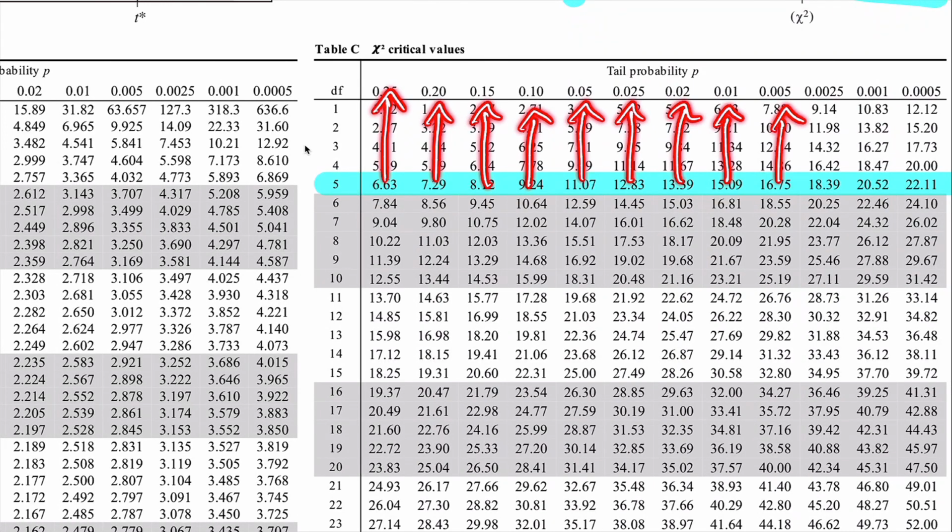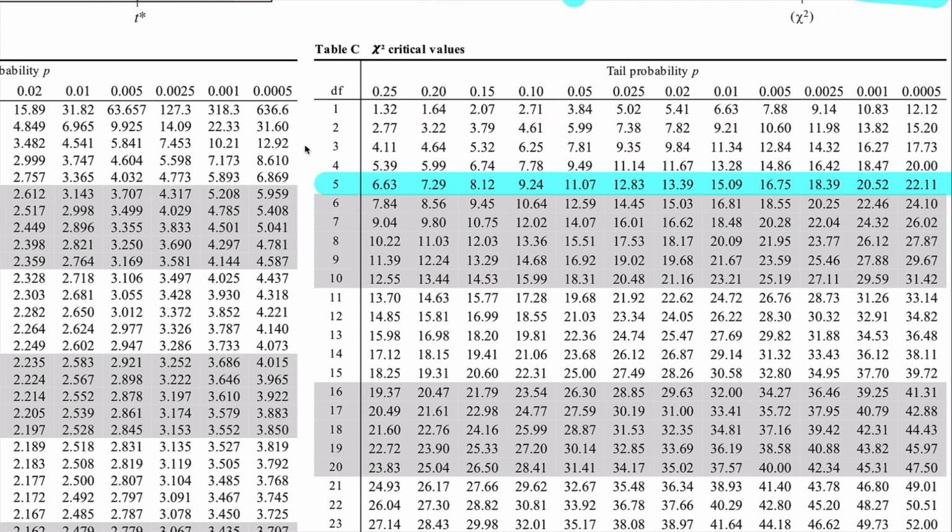Okay. So if I were to have, let's say, my chi-square was exactly 16.75, my p-value would be 0.0050. If my chi-square was 11.07, the p-value would be 0.05.